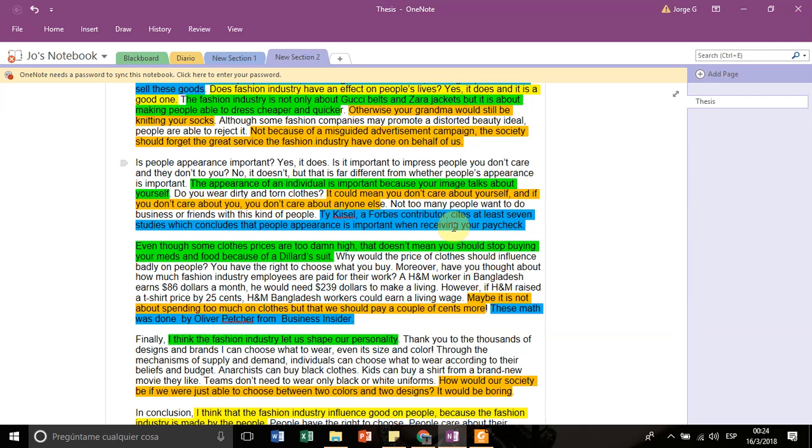So if people paid like 20 cents more for a t-shirt, these people would have a better standard of living. I got this information from Business Insider.